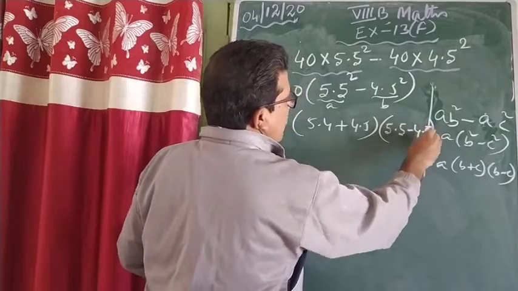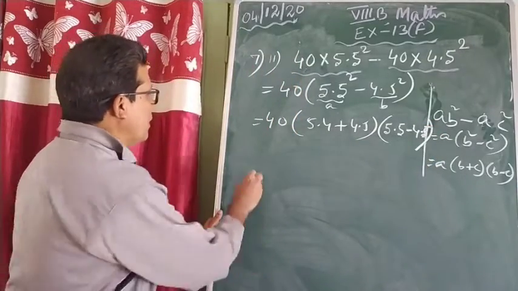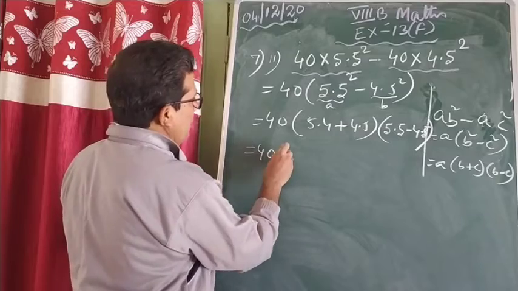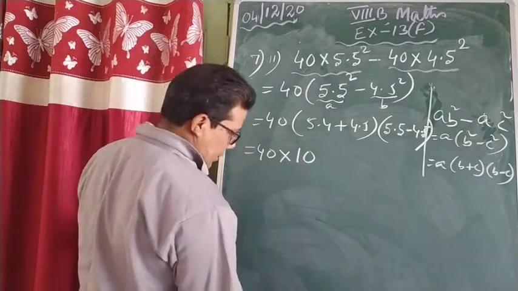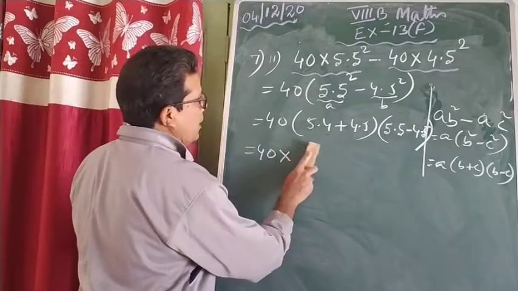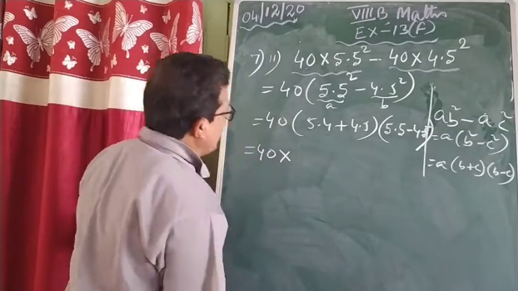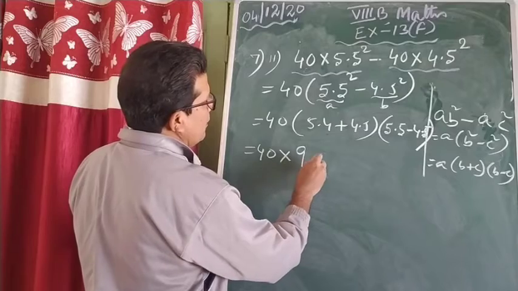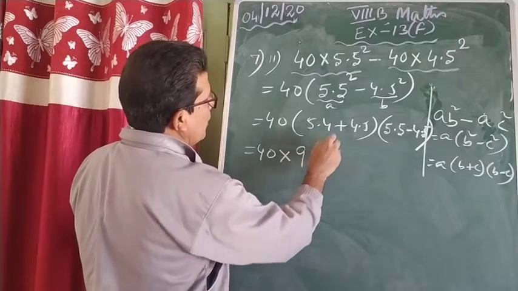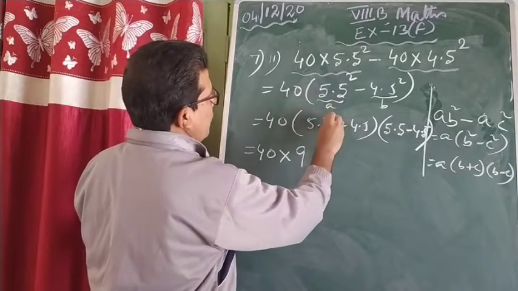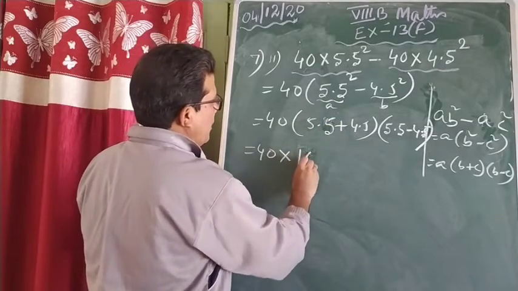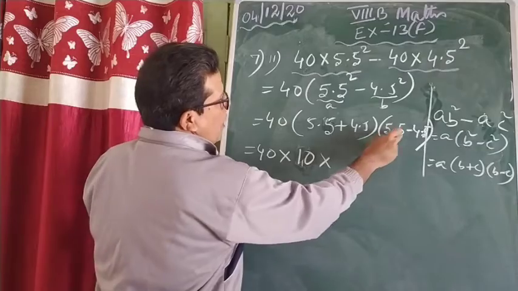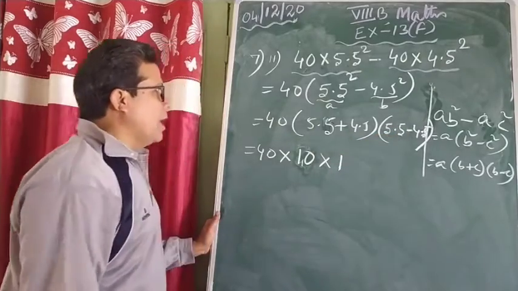So here 40. If I add these two, what will come here? Sorry, I made a mistake. It is 5.5 here, and 4.5. Okay. So if you add it up, what will come here? 10. Into, if you subtract it, 1 will come. I hope it is clear.